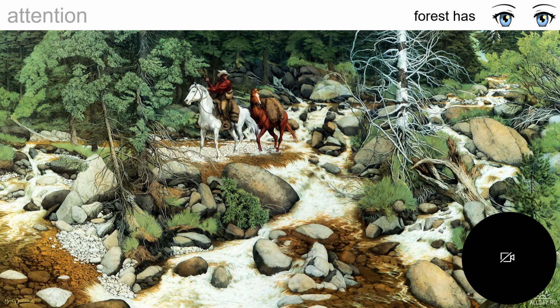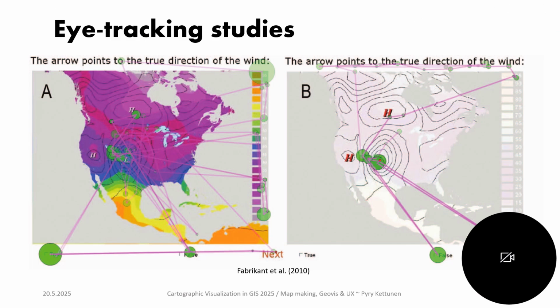There are very many of them. I don't remember the exact number, but maybe 12 of them at least, or over. So these kinds of processes of understanding can be studied also with eye tracking.